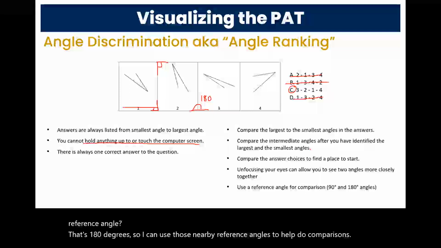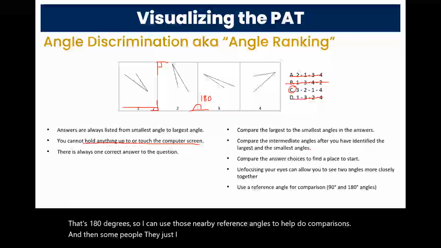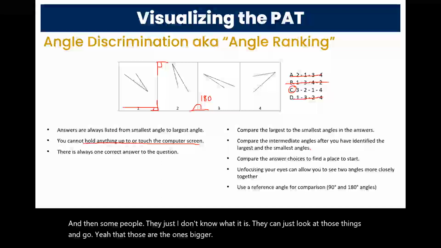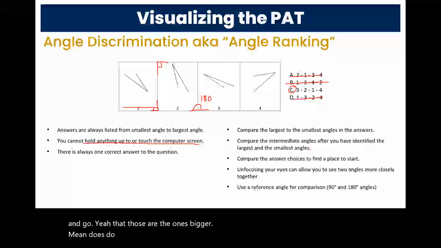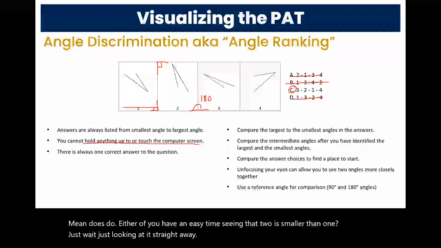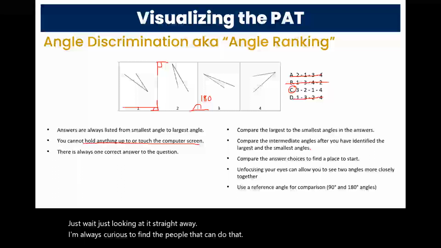And then some people can just look at those things and go, yeah, that one's bigger. Do either of you have an easy time seeing 2 is smaller than 1, just looking at it straight away? I'm always curious to find the people that can do that. You can? Wow, I'm blown away. I find that very difficult to do just by eyeballing it.